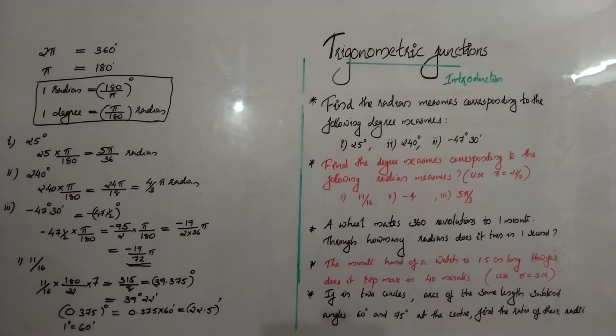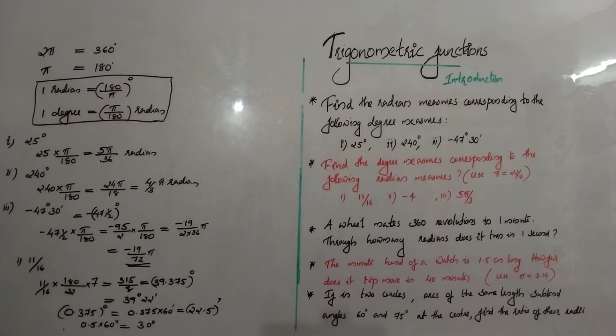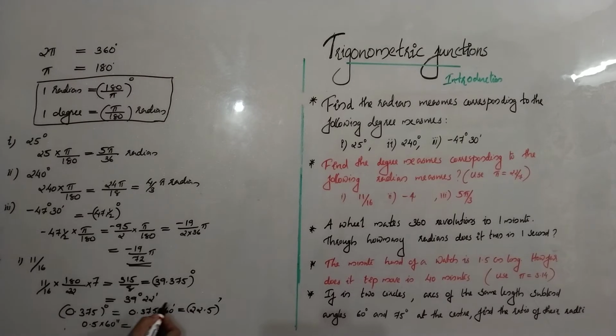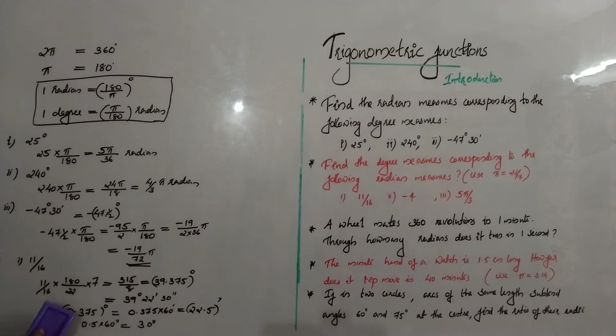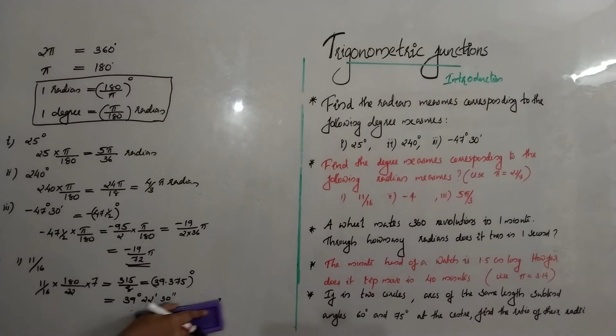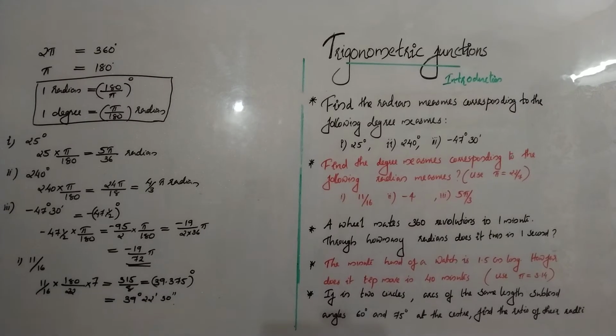Now this 0.5 minute into 60 second gives the corresponding value in seconds, that is 30 seconds. So the final answer is 39 degree 22 minute 30 second.